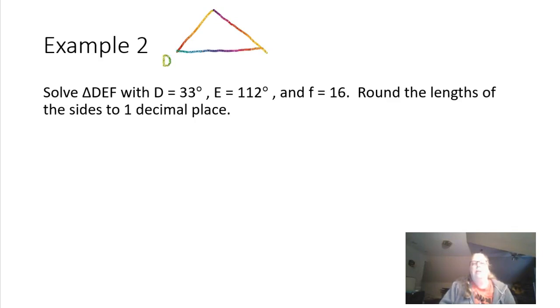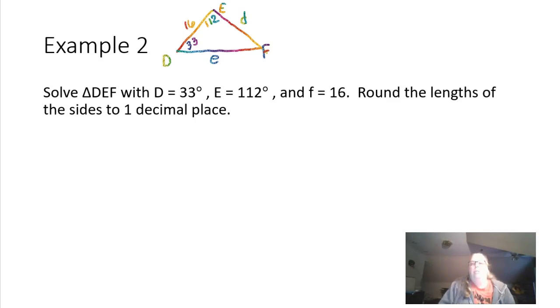I'm just going to put angle D here, angle E up here, and angle F down here. Now angle E I know is 112, angle D I know is 33, and side F I know to be 16. So we are looking for side D, side E, and angle F.